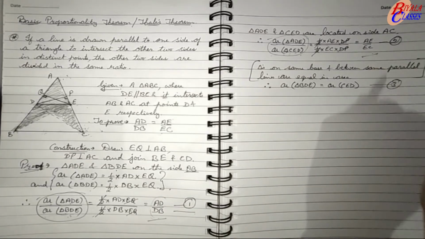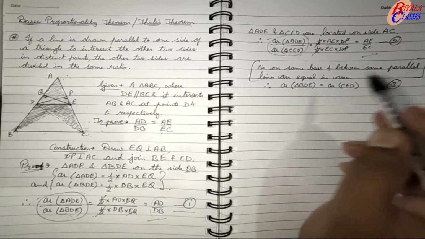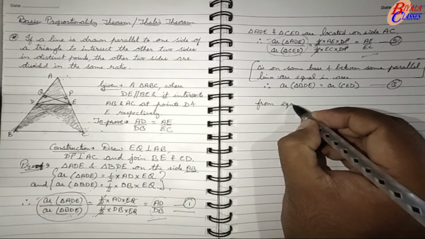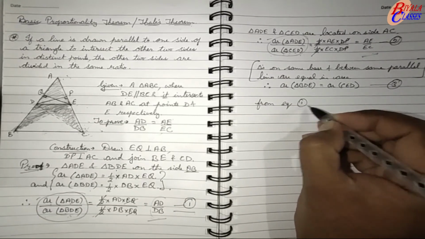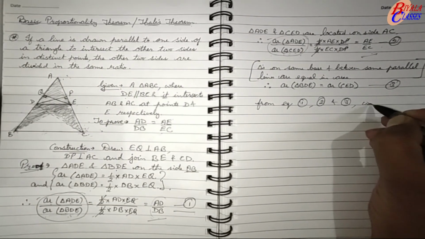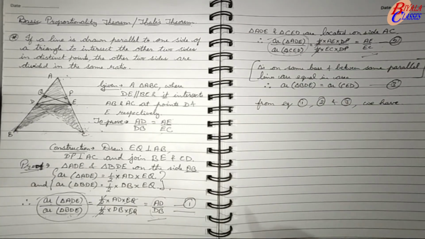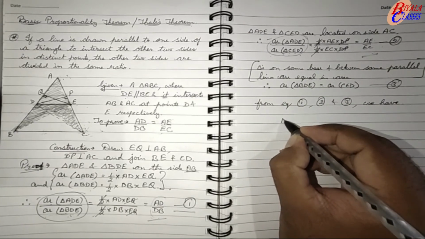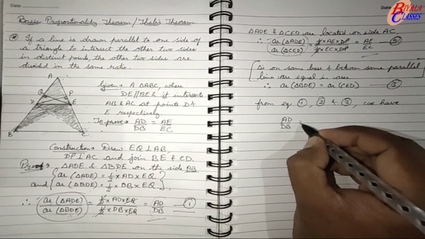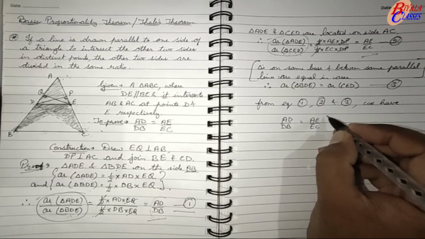Now if we take all the three equations together, that is equations 1, 2 and 3, and combine the results, we find that the ratio of AD and DB is equal to the ratio of AE upon EC.